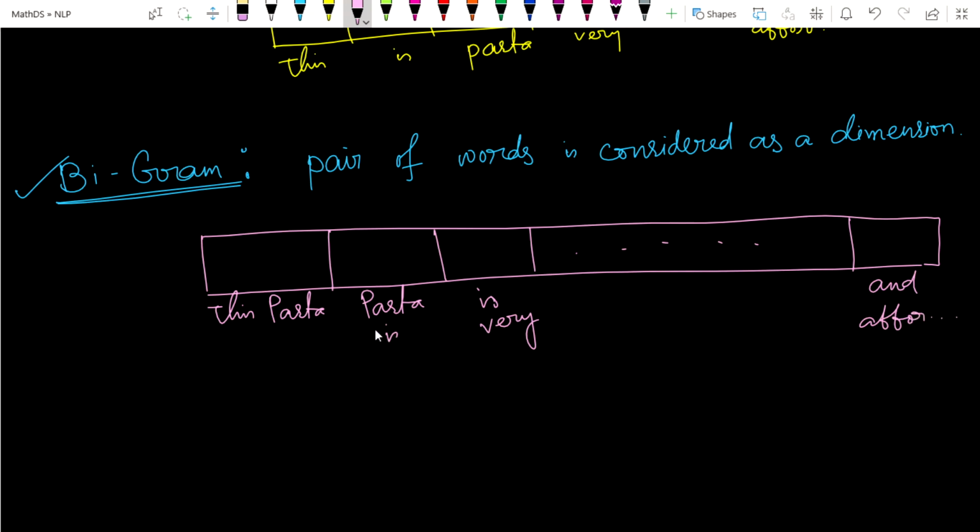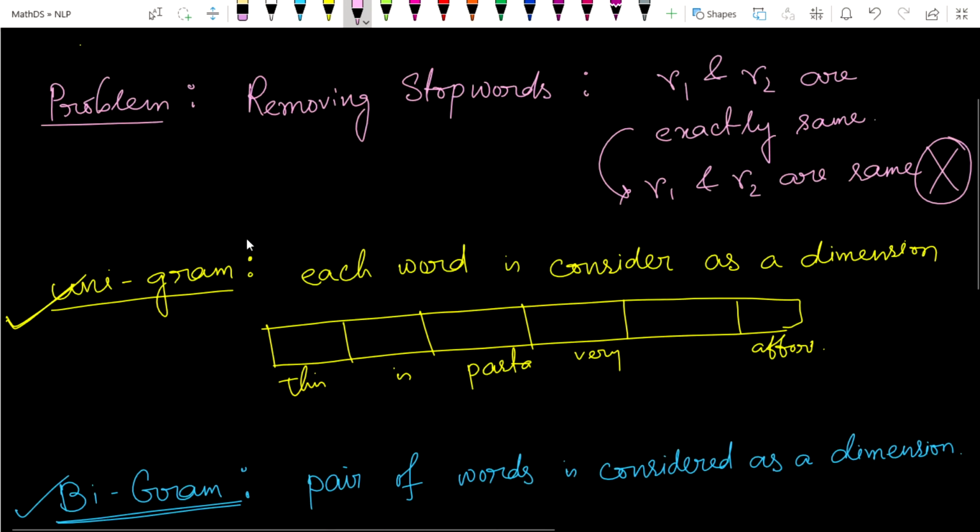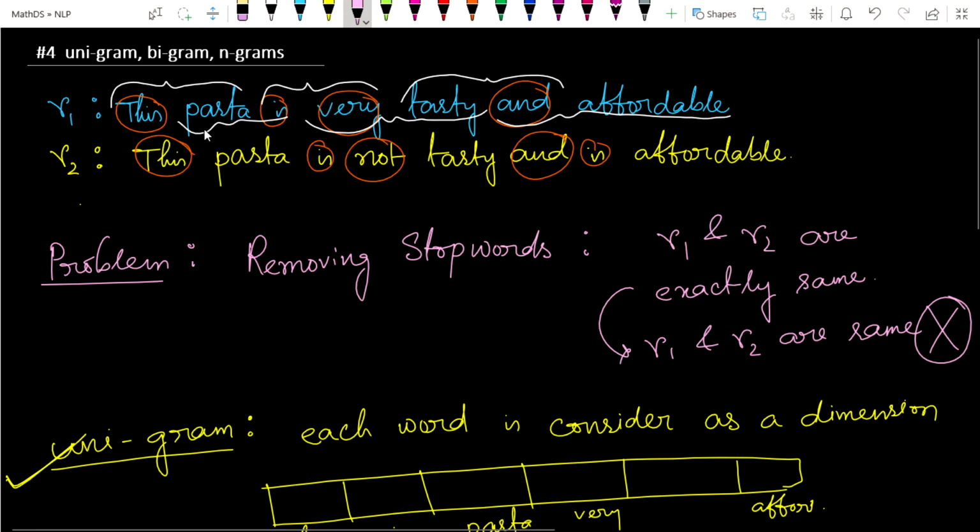So if you consider pairs of consecutive words, we carry some information that is captured by the pair of words, like "not tasty", which has a totally different meaning from "tasty". This kind of information helps us understand the meaning of these two sentences.